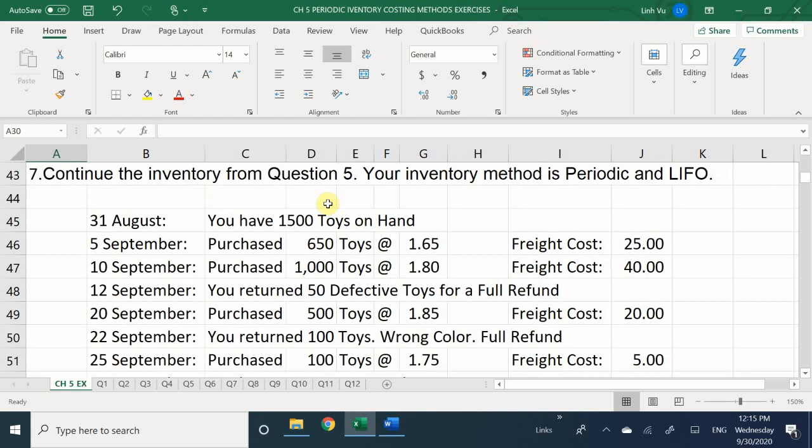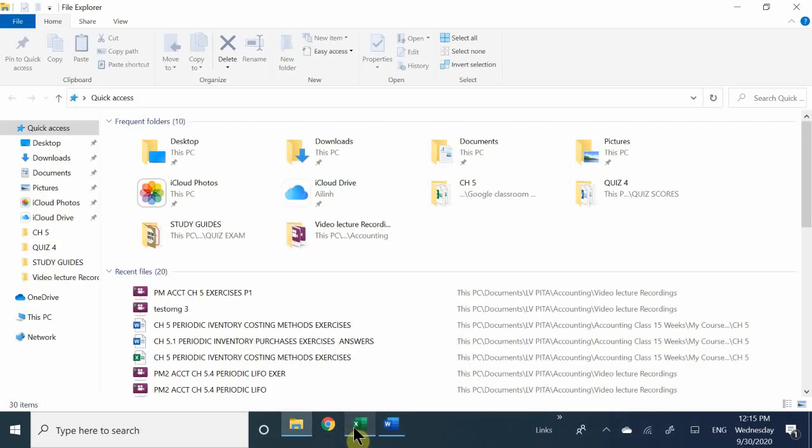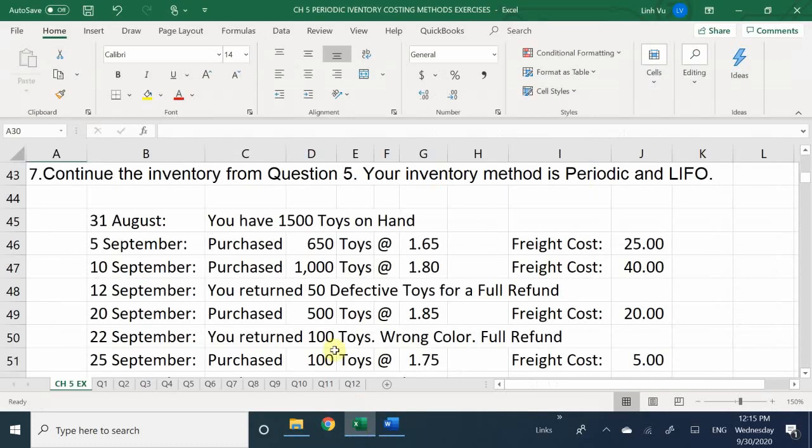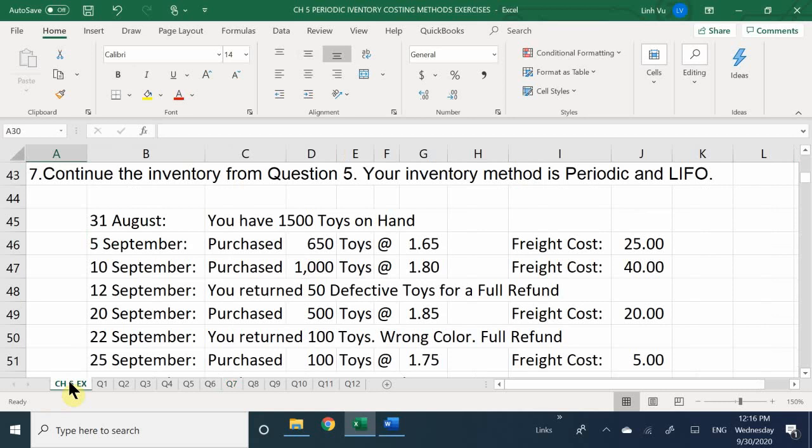So on September 5th, we recognize that we purchased 600 items at $1.65. Okay, so, I am so sorry. I don't know where I'm going. So question 7 is, we recognize that on September 5th, we made a purchase of 650 items at $1.65.